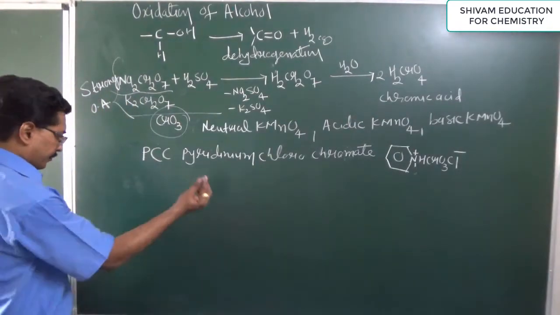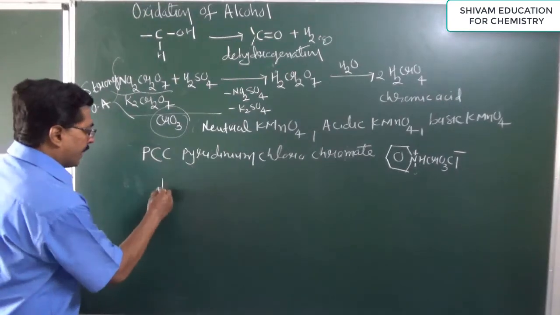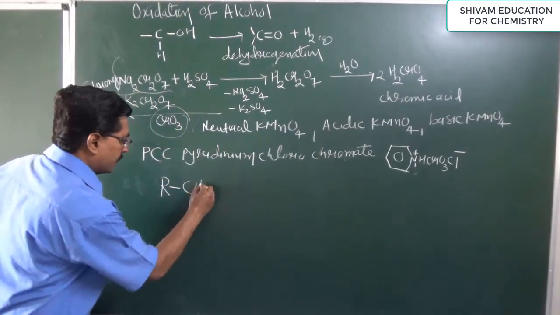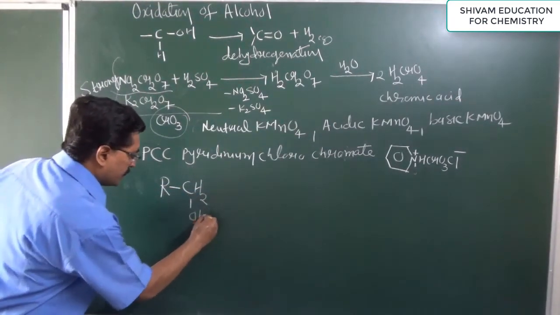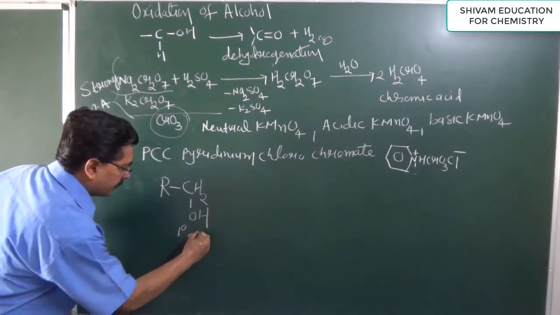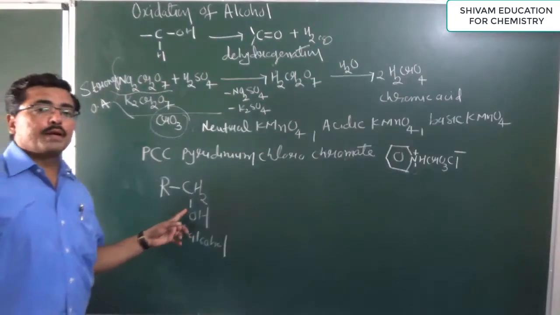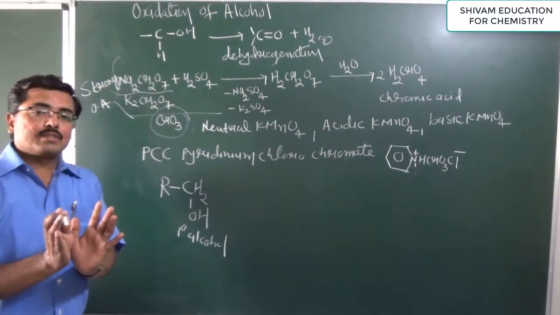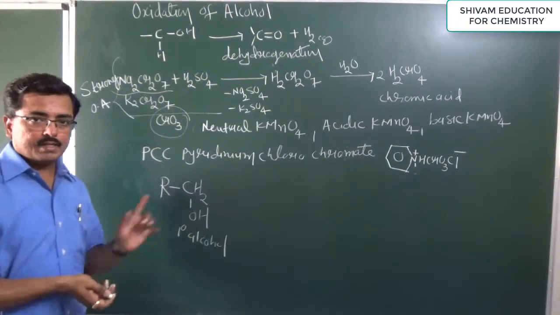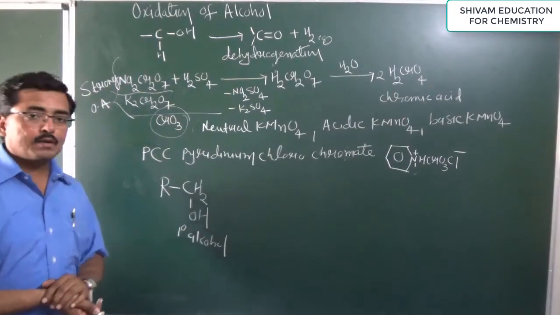Now suppose we have taken a primary alcohol for oxidation. When is it a primary alcohol? When the hydroxyl group containing carbon is attached to only one carbon atom, then it is known as a primary alcohol.